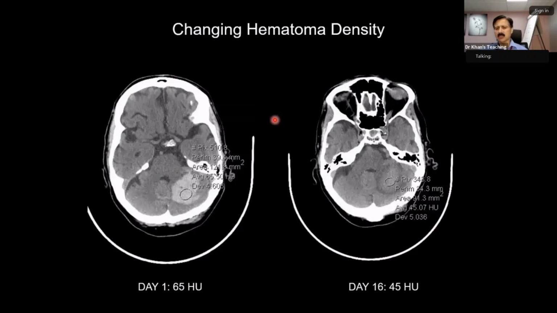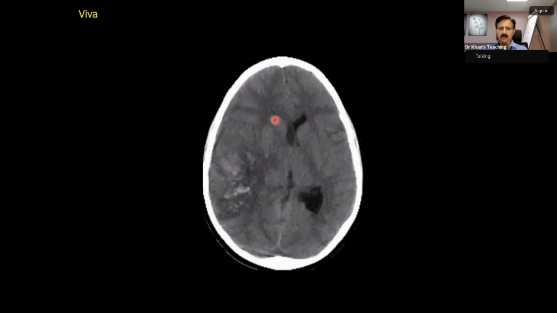So this is very basic and I'm not going to go further into it. I'm not going to teach you hemorrhage on MR because we have done it. And in the trauma world, usually it is CT, except for diffuse axonal injury in which you might like to use SWI sequence and we will see a few cases.